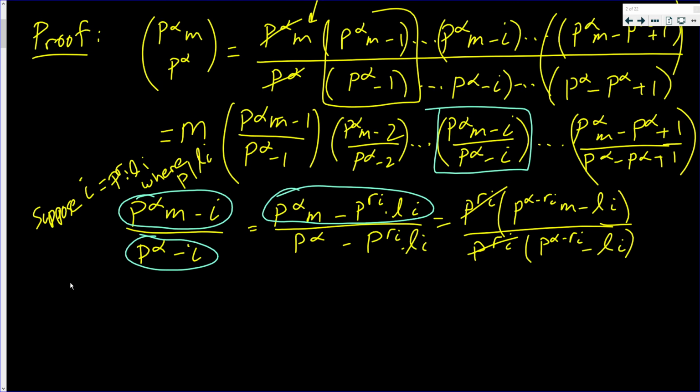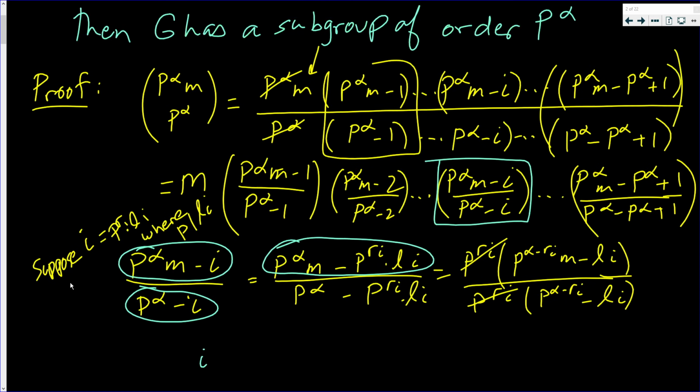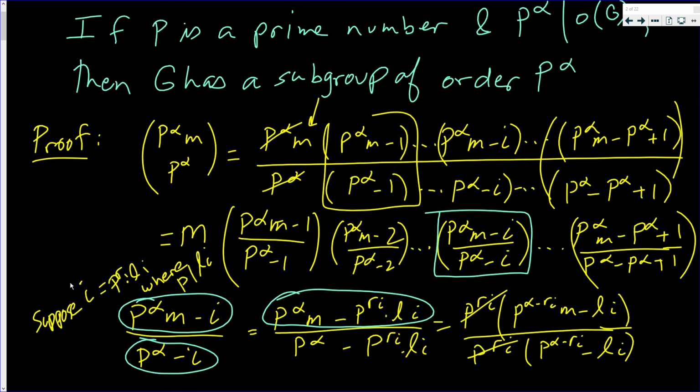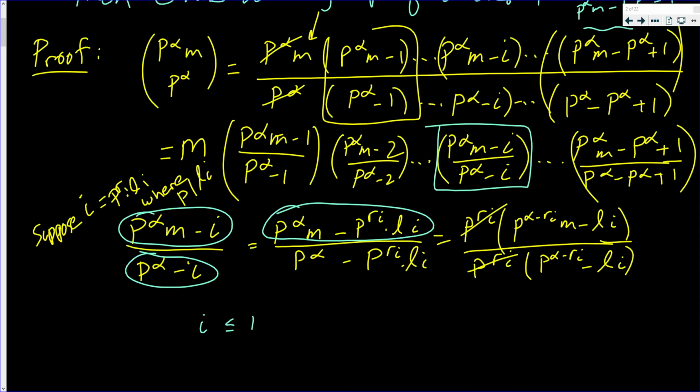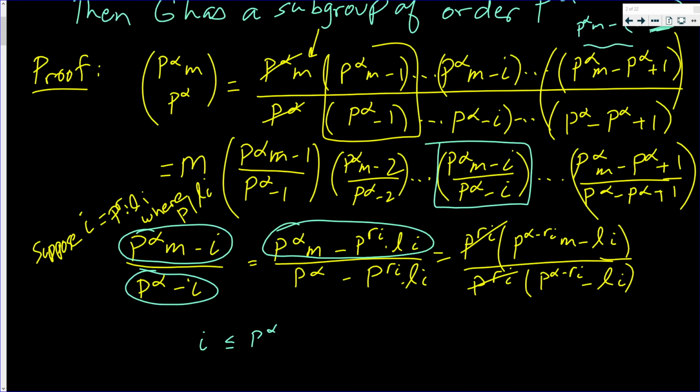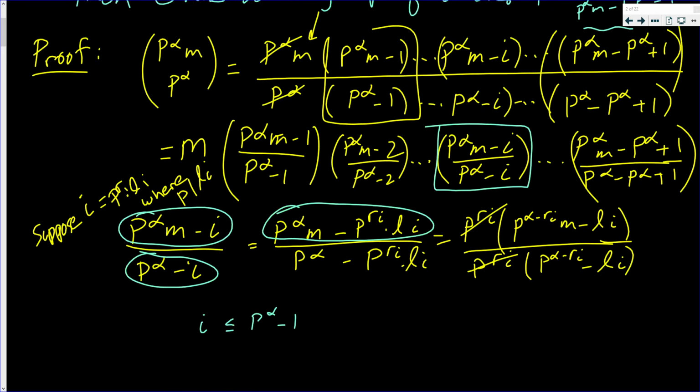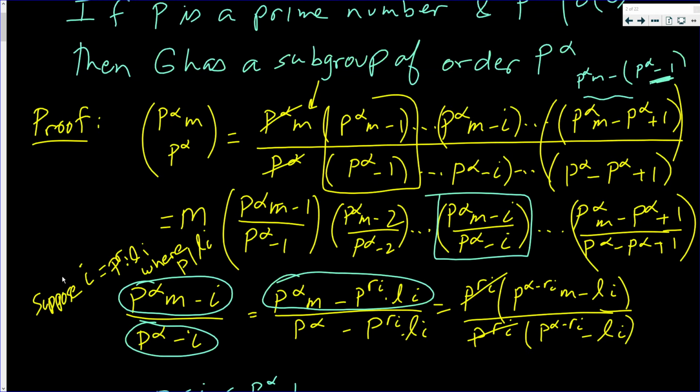Now, I should show one thing, something about i. What do we know about i? Well, right here, it's p to the alpha m minus p to the alpha minus 1. Okay, that's the highest i. i is less than p to the alpha minus 1, and i is at least 0.